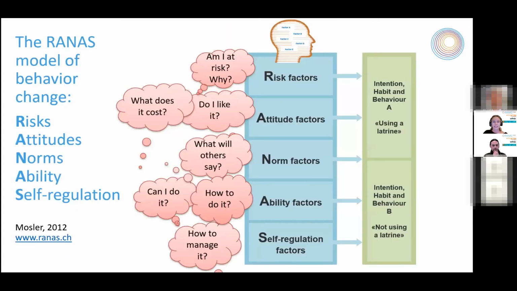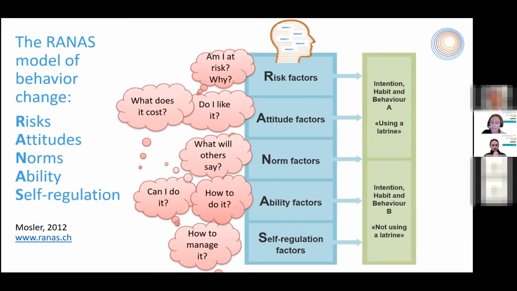And these factors or these concerns, these bubbles, we can arrange along 5 factors that have been derived from psychological models. And we group them into risk factors, that is about vulnerability and the perceived health risk, for example.